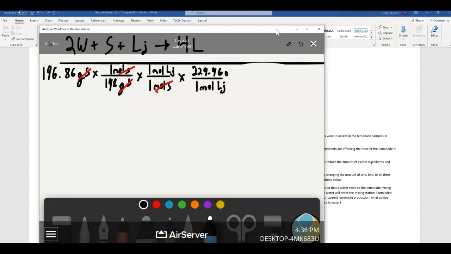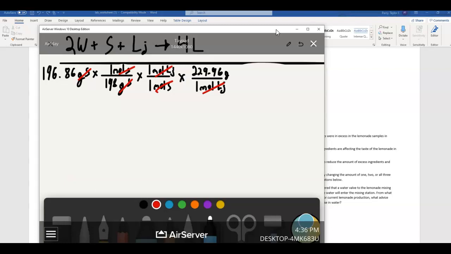96 grams. All right, and again, we're just going to do this math here. 196.86 divided by 198. That gets you basically 1. It's like 0.994. Times 1 divided by 1, that doesn't really matter.